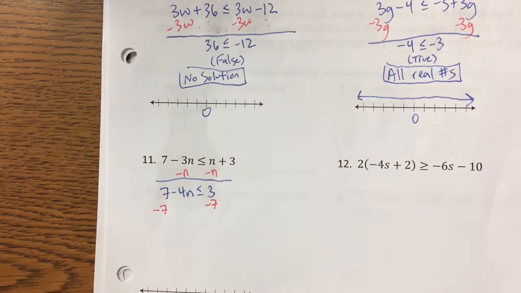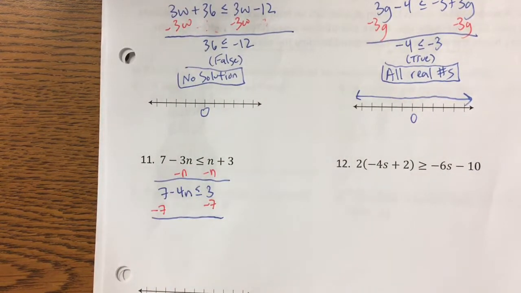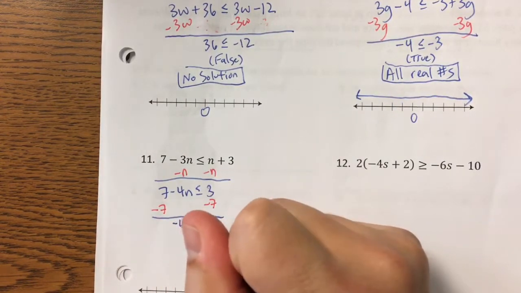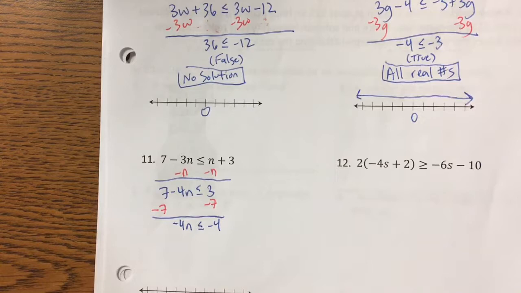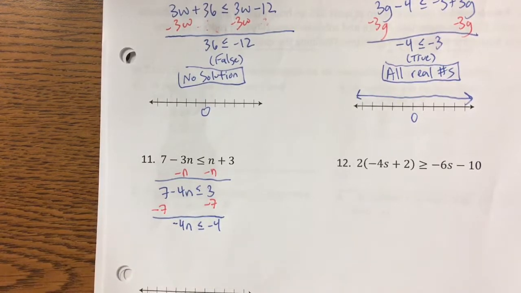So minus 7 on either side gives me -4n is less than or equal to -4. The 7 itself is already positive.